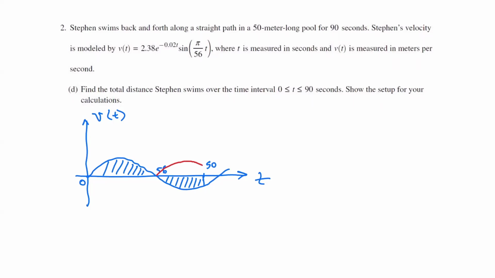So we need the integral from 0 to 90 of the absolute value of v of t dt. In that case, we will get both this part here as positive and this area here as positive. So let's pull out our calculators and calculate this area, or the total distance.